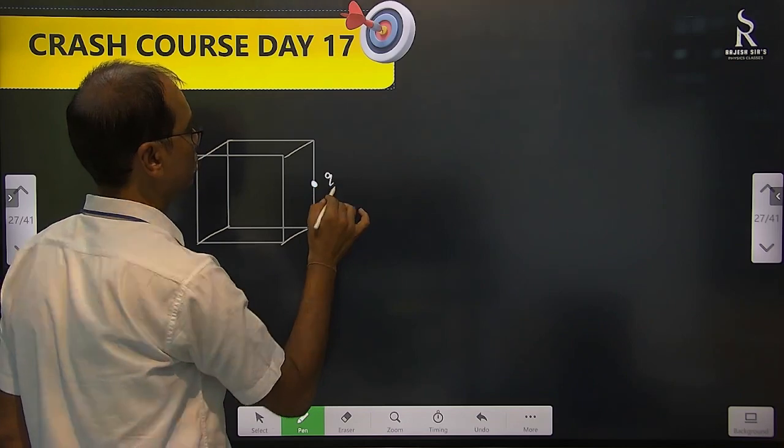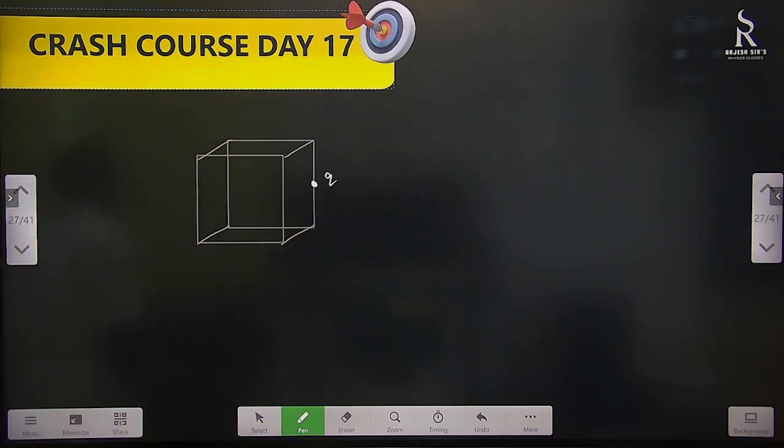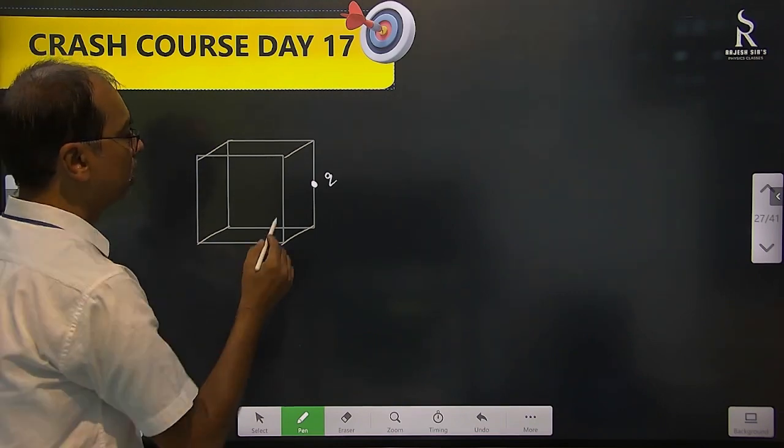I kept the charge on the edge. Now the question is, how much is the flux through this cube? You might not have done it like this. Normally they'll be keeping it on this face.